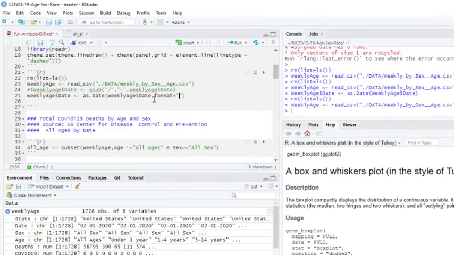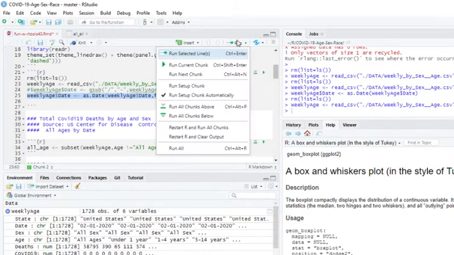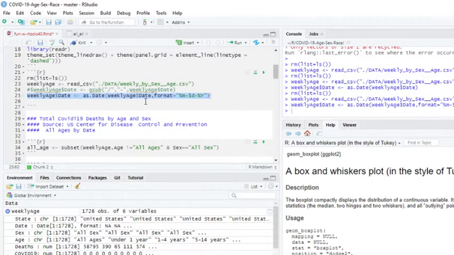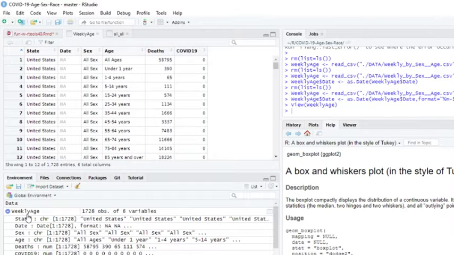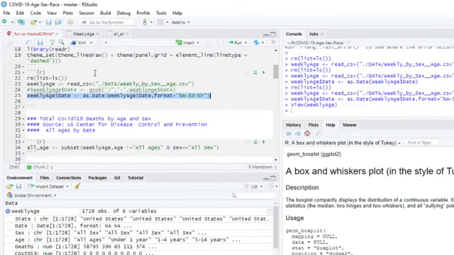So we can say month dash day dash year. Let's see what happens now. Well, it did do a date format, but unfortunately, we got no dates. So let's try this.